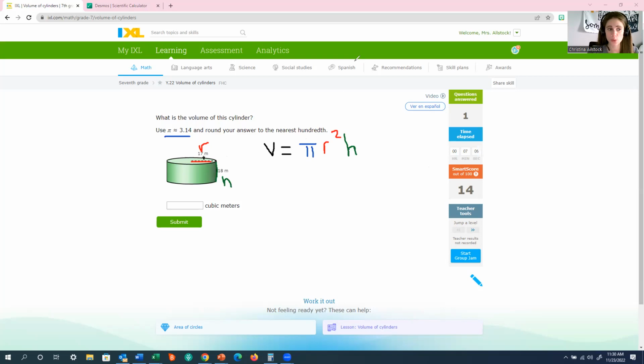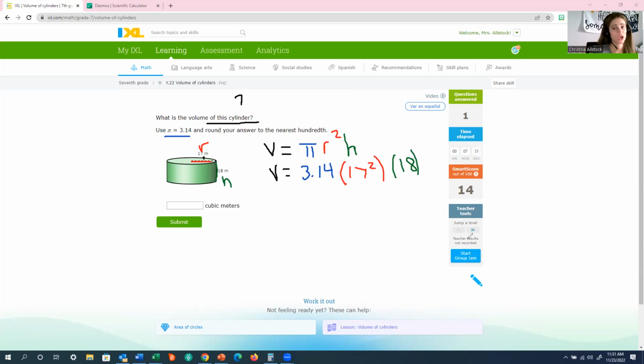So if we substitute, we plug in all of our information. The volume is what we're trying to find. That stays a variable. And then pi, we're using 3.14. That's being multiplied by our radius of 17 squared. And then that's being multiplied by our height of 18.